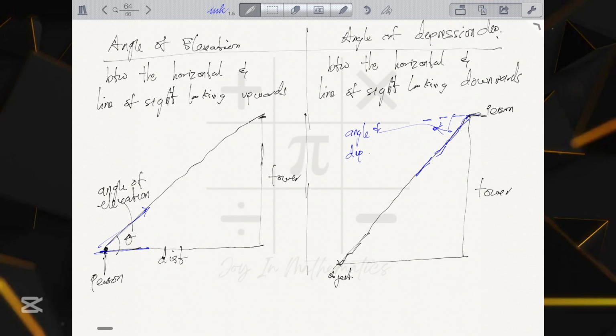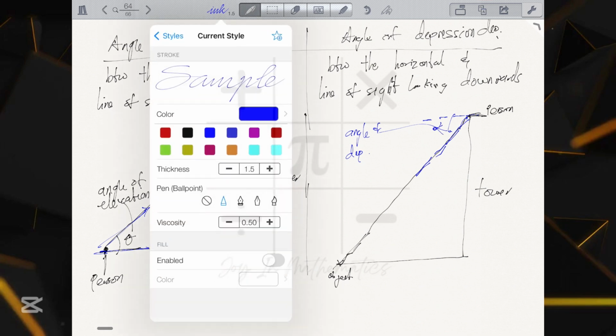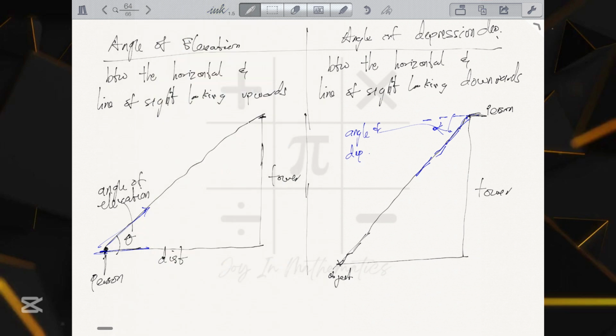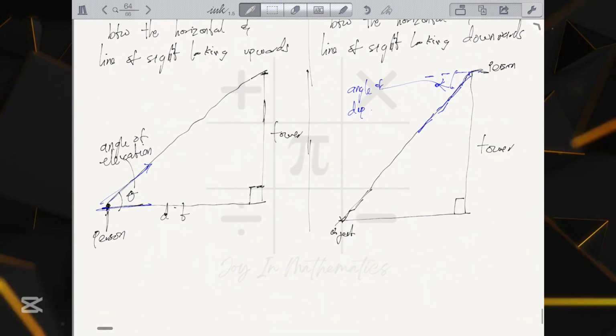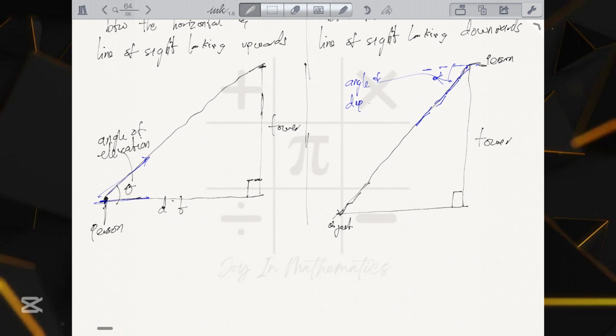Now you will notice something spectacular about these two diagrams: both of them always result in a right angle triangle. So I have a right angle triangle here and also a right angle triangle here, and in the right angle triangle we can apply the Pythagoras theorem, where hypotenuse squared is equal to opposite squared plus adjacent squared.